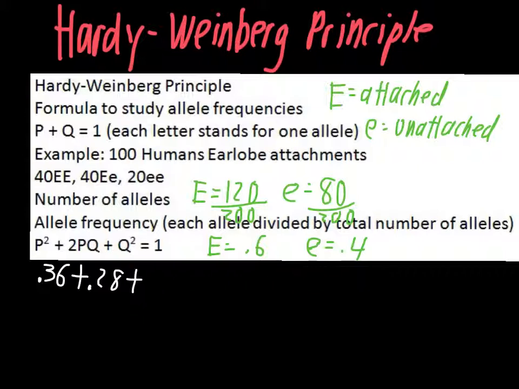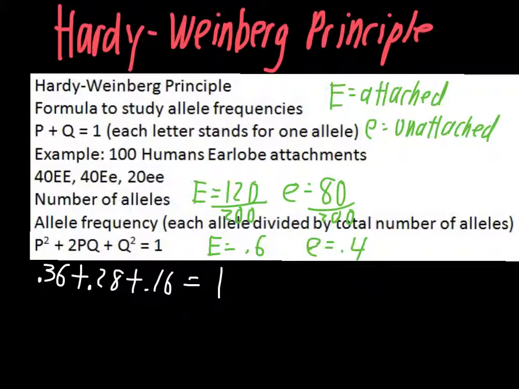Again, remember, q is represented by lowercase e, which is 0.4, which comes out to 0.16. So if you add those together, those end up again coming out to 1, which supports for us that this population is in equilibrium.